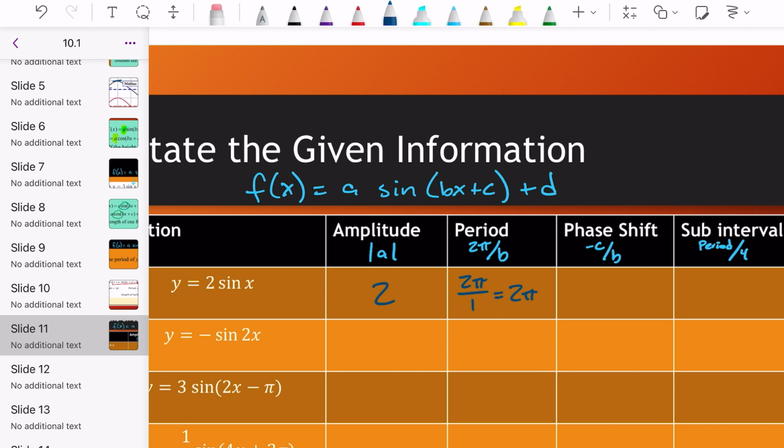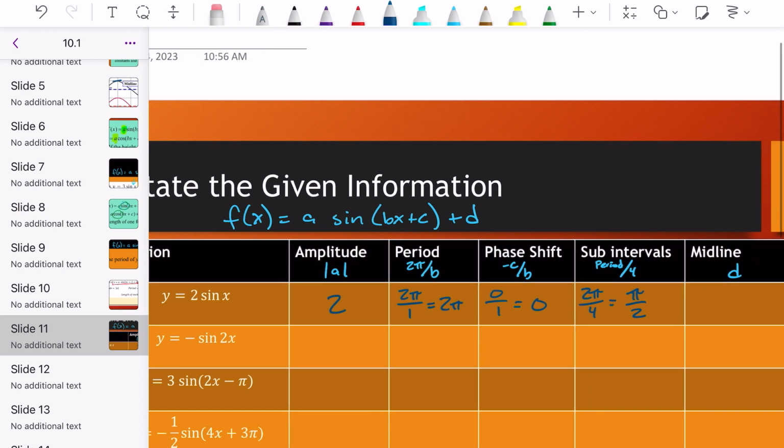In this case, we have 0 over 1, which is equal to 0. Our period is 2 pi, so this is going to be 2 pi over 4, which is equal to pi over 2 for the subinterval. Notice in this equation, we do not have a midline, or we do not have a letter d in the equation, which means our midline is going to be at the 0 mark.